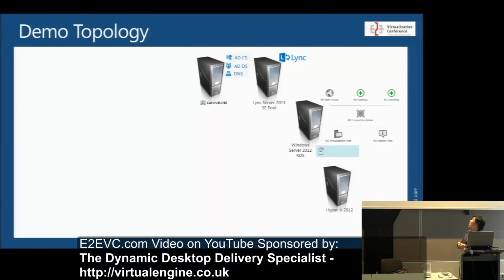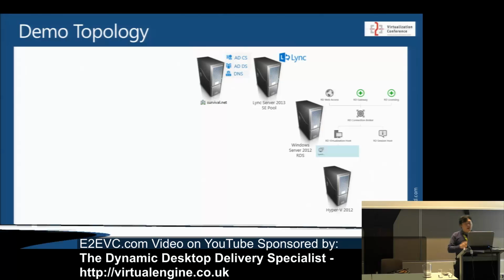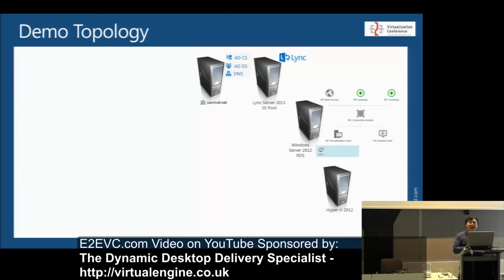I have a domain controller, the domain is called survivor.net, with Active Directory services and certificate services. Naturally, that is a key thing in Lync. Everything is encrypted, whether internal or external, server to server, server to client, client to client. Then we have, clearly with Active Directory, required DNS.